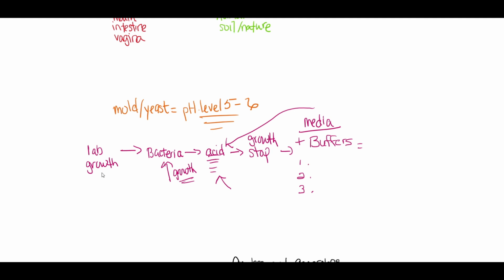Now, when you're in lab, you want to, of course, grow bacteria, and some bacteria will produce acid, but you don't want them to produce acid. So the objective is to stop that, and there are buffers in place in the medium.